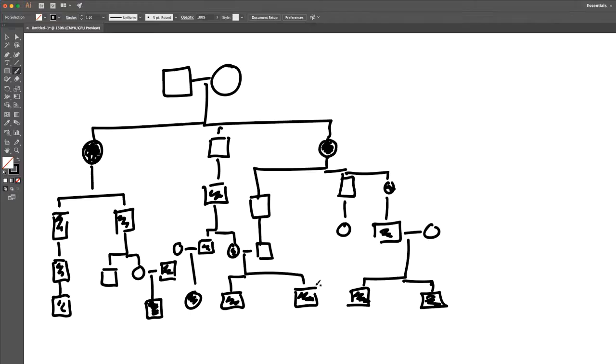So I drew this out, and I'm sorry it took so long, because I said that this is autosomal dominant, and you'd say, okay, why is it autosomal dominant? Well, it's not recessive because it never skips a generation. But this woman here has a son that's afflicted, but she doesn't have the disorder.